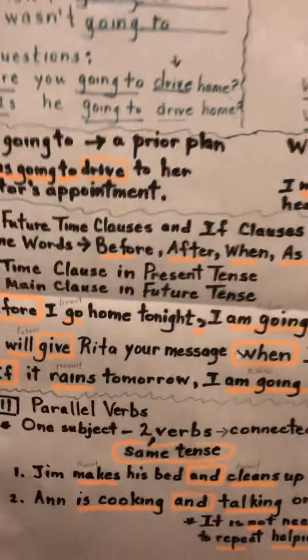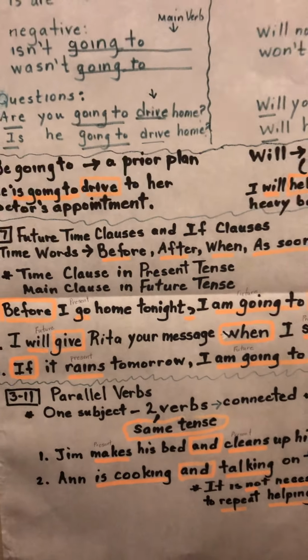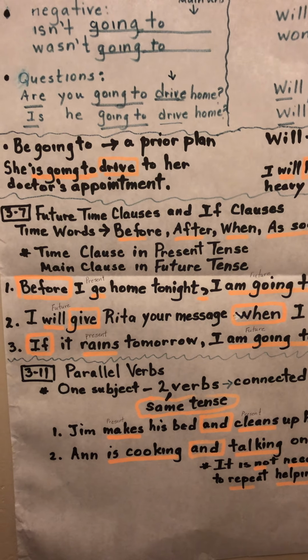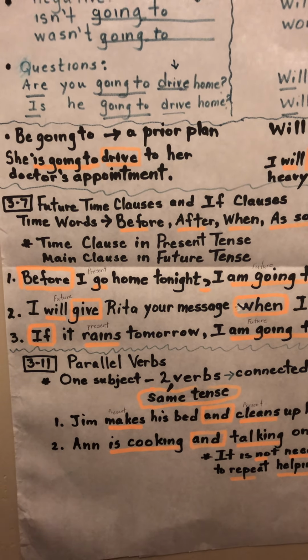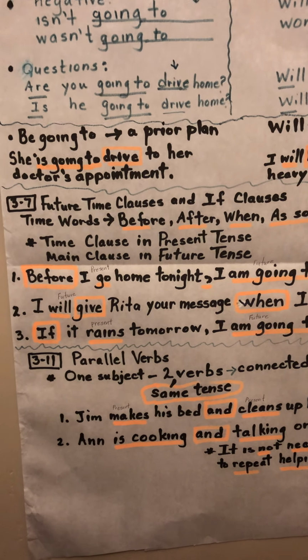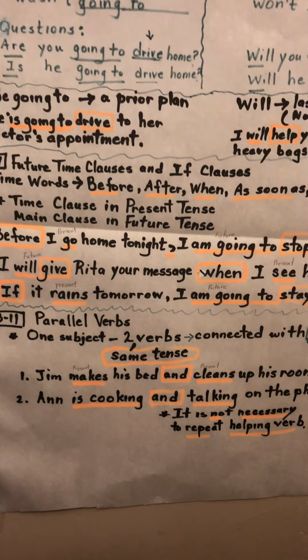Let me get closer. Okay, so these sentences are going to have two clauses, a time clause, and the time clause is going to be in present tense, and the main clause. And the main clause is going to be in future tense. Let's look at the first one.